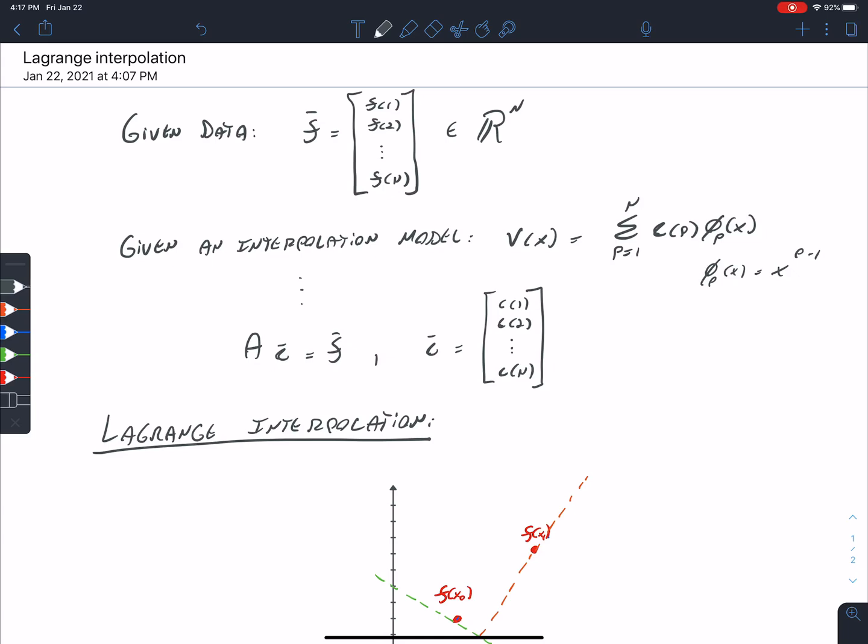But nonetheless, this was our setup, and then we saw that if we did some work, we could write this problem of finding the polynomial that passes through the data points as a linear system of equations, where again, this c here is a vector of unknown coefficients.